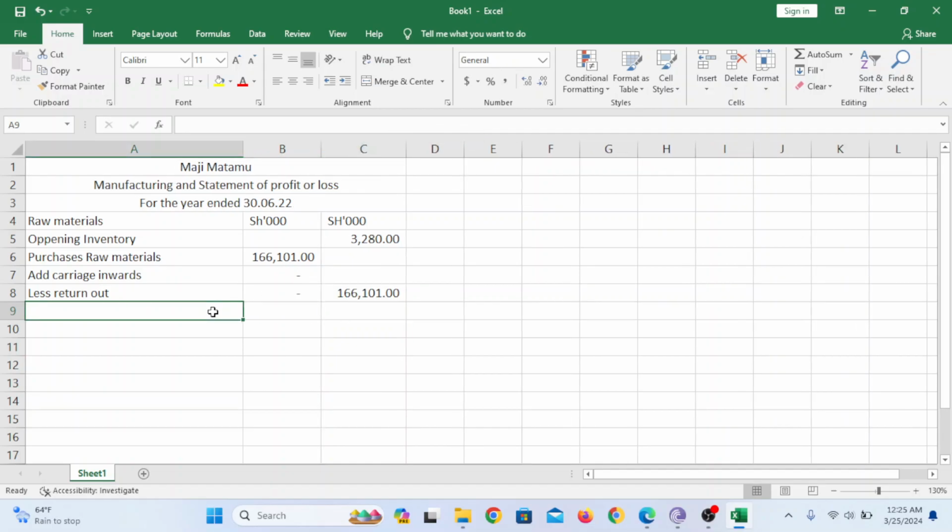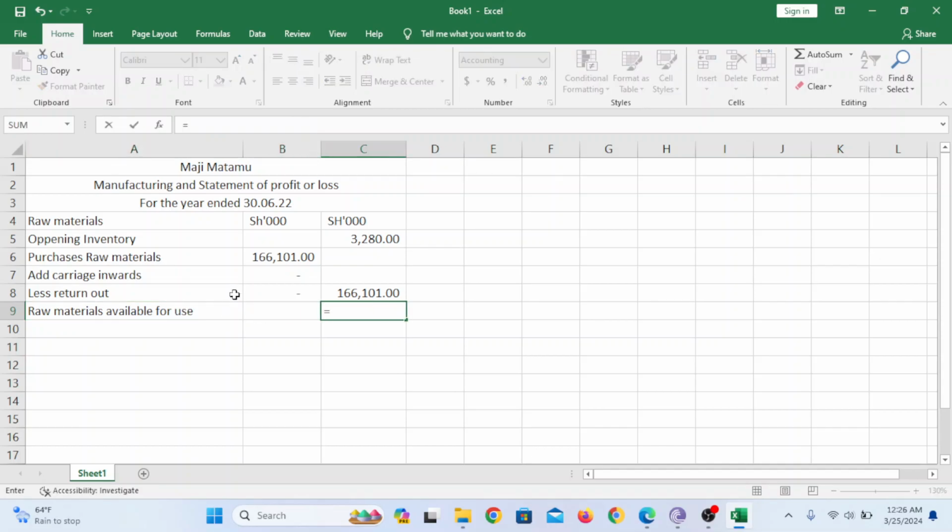Then we call this raw materials available for use. So you add the opening balance to the 166,101.